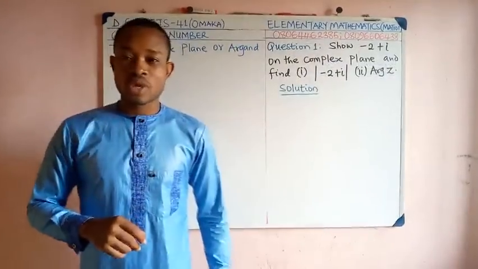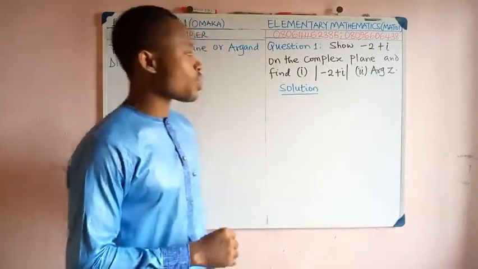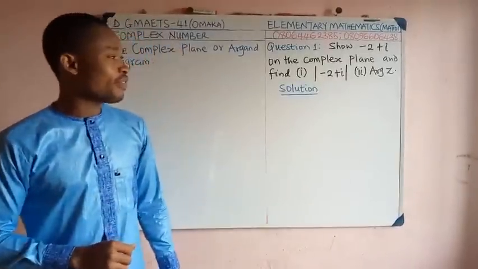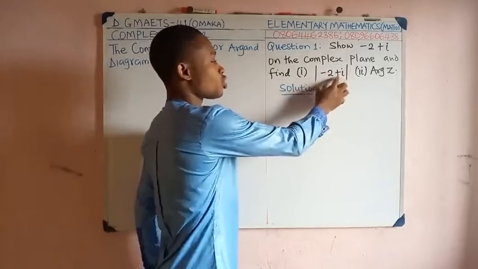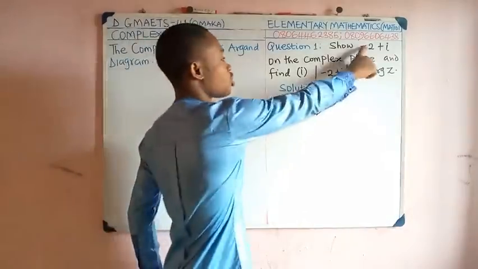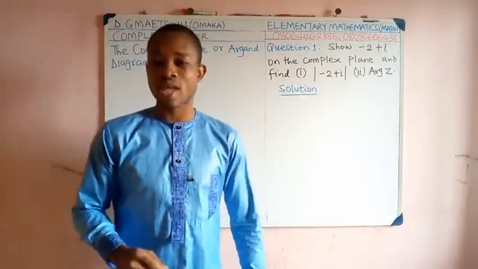We have a very first question here under the complex plane or Argand diagram. In this question, we are asked to show minus 2 plus i on the complex plane and find the modulus of minus 2 plus i, then the argument of z. Take note that minus 2 plus i is the complex number, so we can simply write z equals minus 2 plus i.